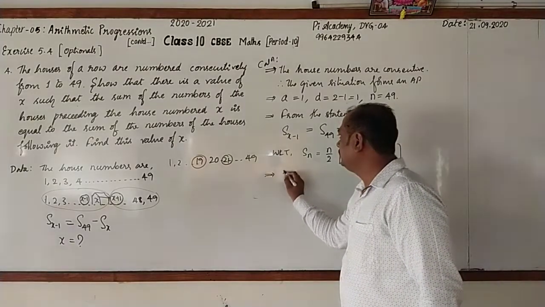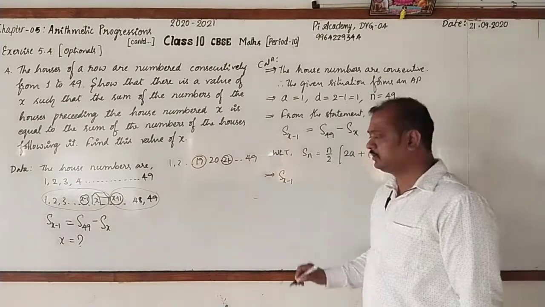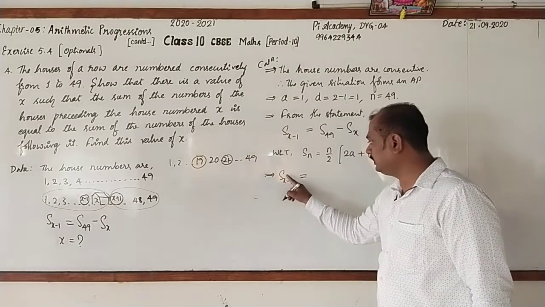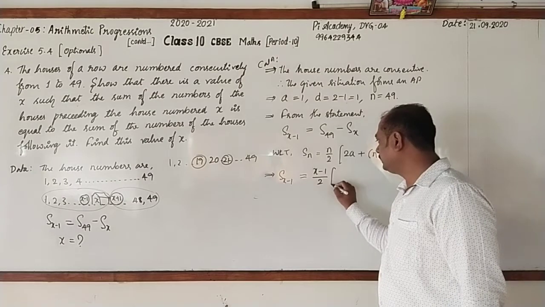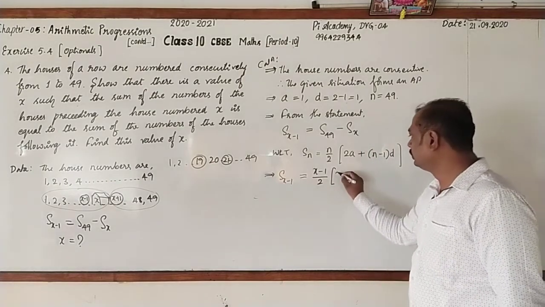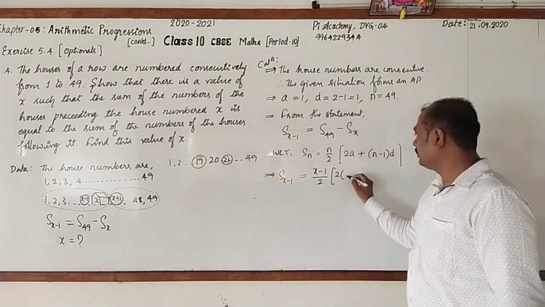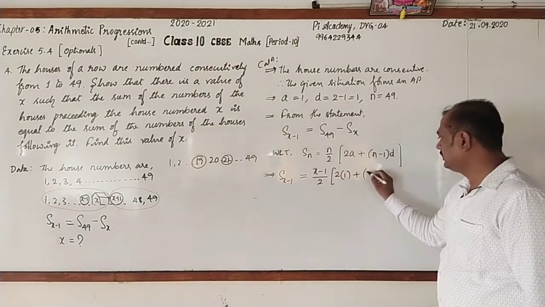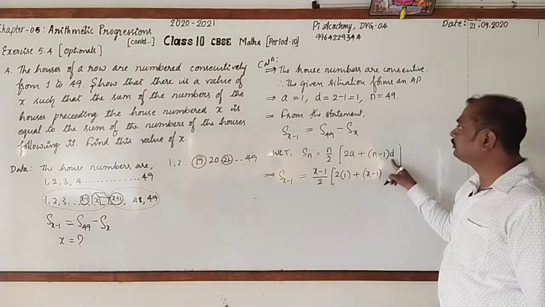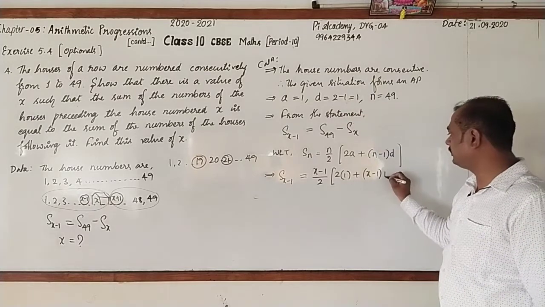Here I'll write S_(x-1) is equal to Sn. In place of n, we should write x minus 1. (x minus 1) by 2 into (2a, a is how much? 1, plus (n is x minus 1) into d). Common difference is also 1.